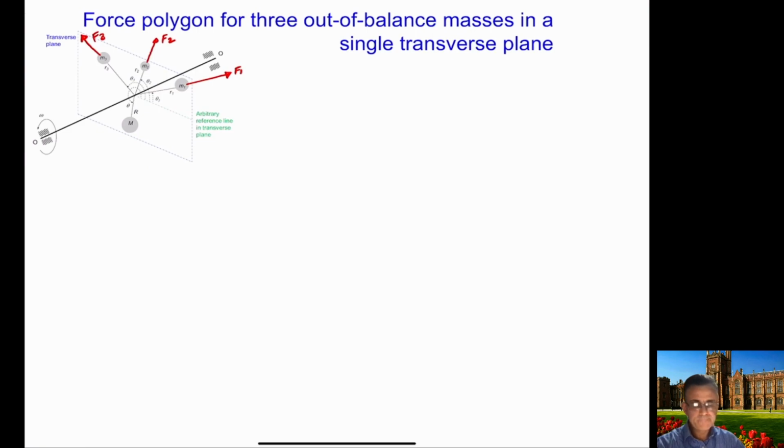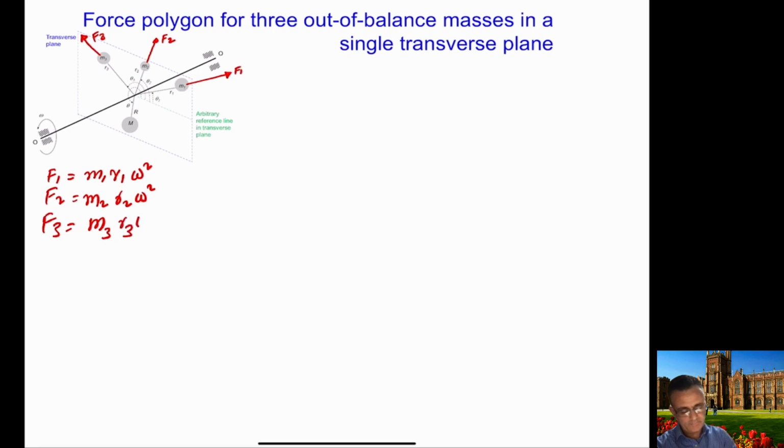So you have here three forces, and obviously we know that the centrifugal force, F1 is equal to m1 r1 omega square, F2 is equal to m2 r2 omega square, and F3 is equal to m3 r3 omega square.